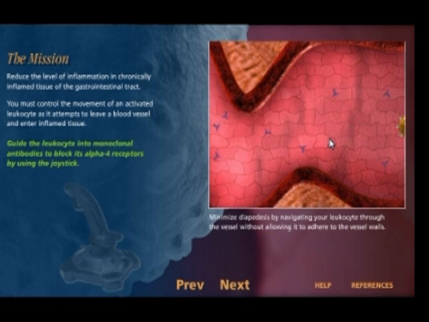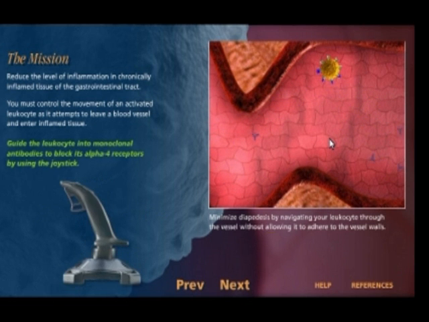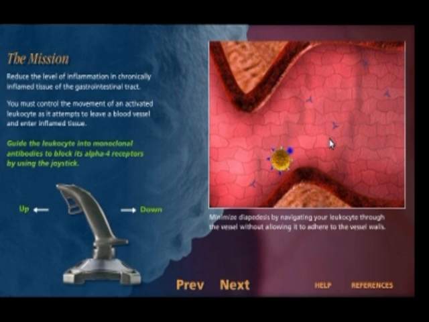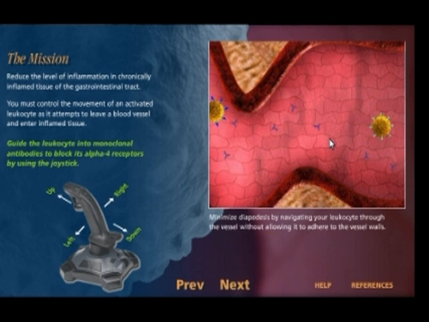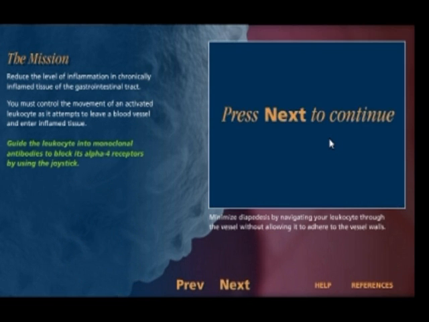We can steer this leukocyte with these integrin adhesion molecules on it, and we're trying to collect up these monoclonal antibodies, which are the adhesion molecule inhibitors. Once we get a full set of them, see it flashes, and we know that we're now immune from getting sucked down through into the wall of the blood vessel and causing inflammation.